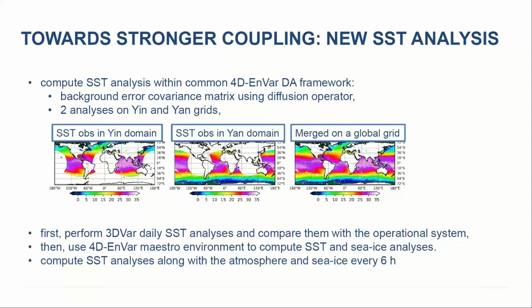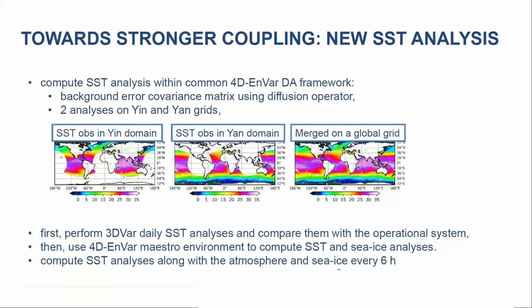What this means is that we will try to compute the sea surface temperature analysis as well as the CICE analysis along with the atmospheric data assimilation every 6 hours using the common 4D-Var data assimilation framework, using the same software.